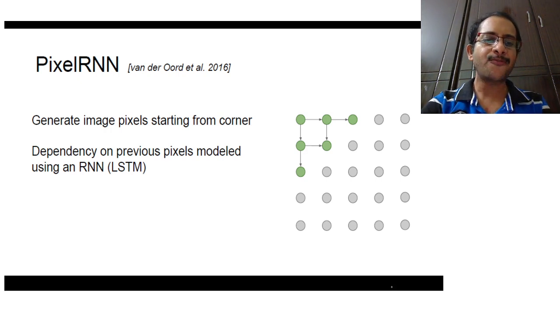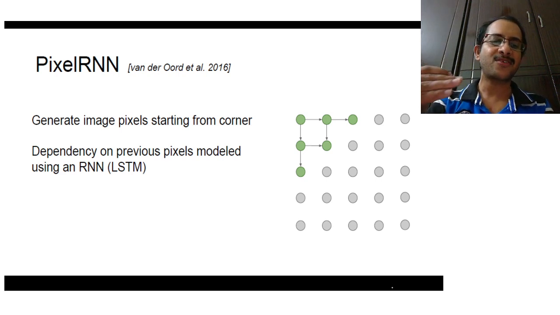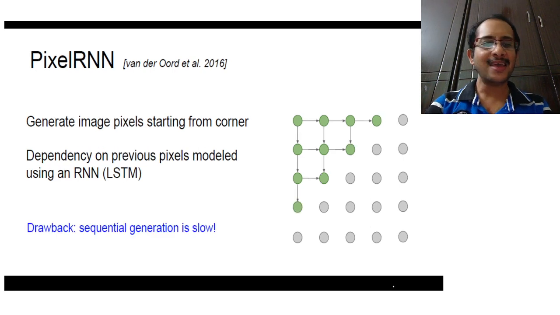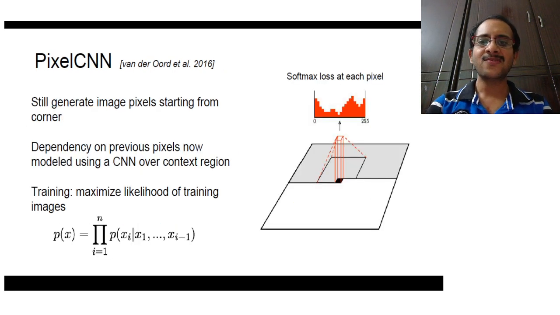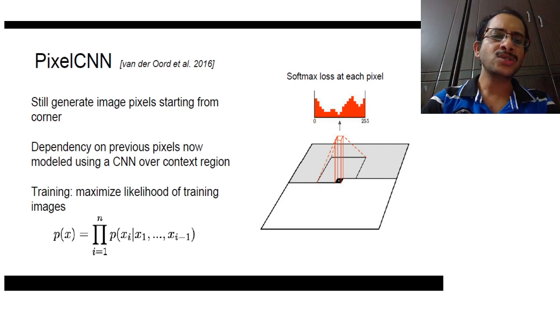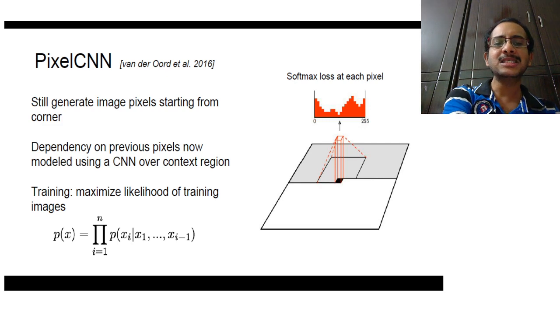This kind of prediction of the current pixel, p of xk given xk minus 1, xk minus 2 and so on, can be done by an RNN or by a CNN, a convolution neural network. Since we know convolution neural networks better by now, the prediction of this pixel, which is in black, can be done by the neighborhood pixels here, which are in the past, and these are all given as input.